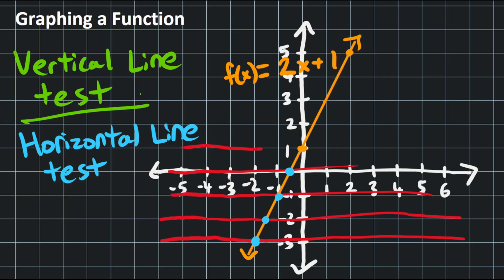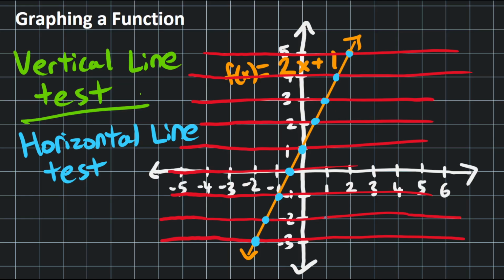Y equals 1, only once. Y equals 2, just once. Let's finish it up. Y equals 3, just once. Y equals 4, just once. And y equals 5, just once.